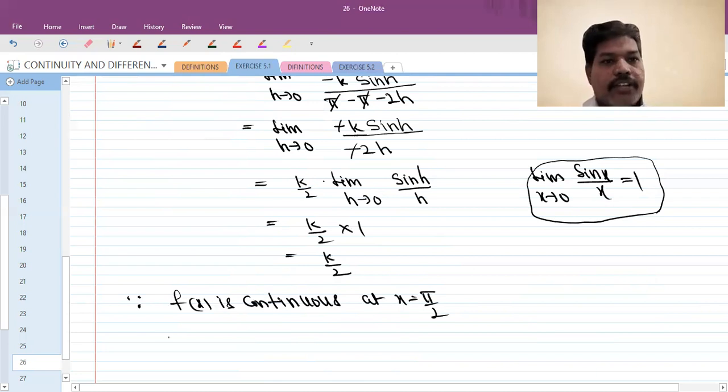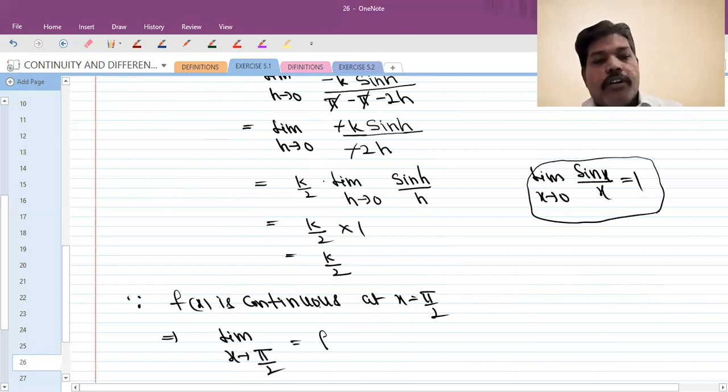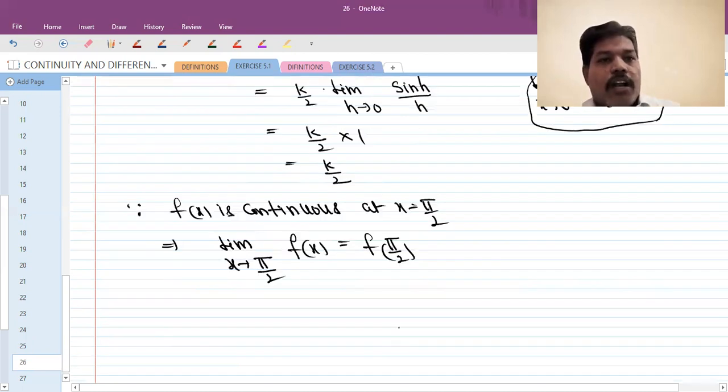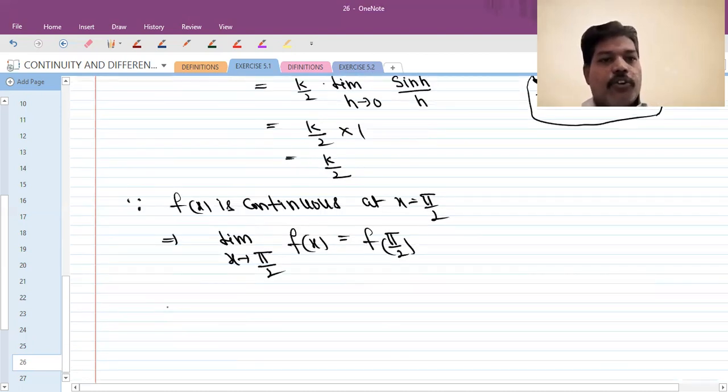That implies limit x tends to pi by 2 of f of x is equal to f of pi by 2. So already you calculated the limit x tends to pi by 2 of f of x, it is k by 2.